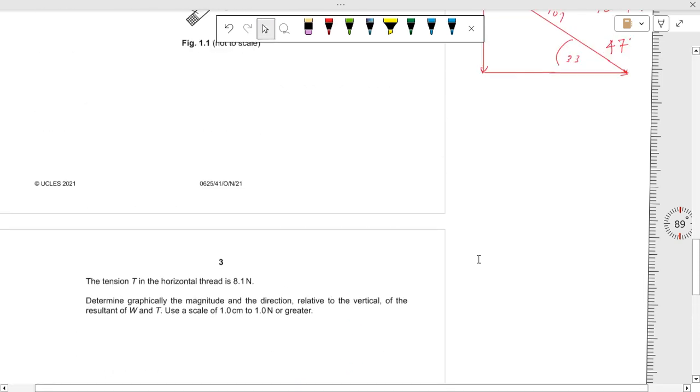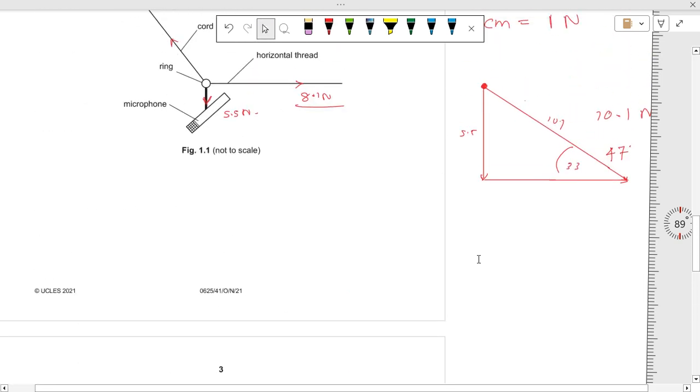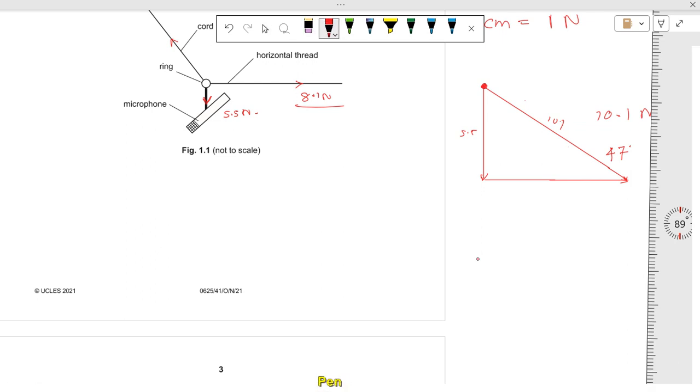And if you want to find the answer using calculation, it should be 5.5 divided by 10.1 equals tan theta.